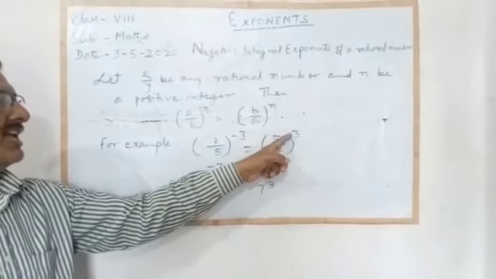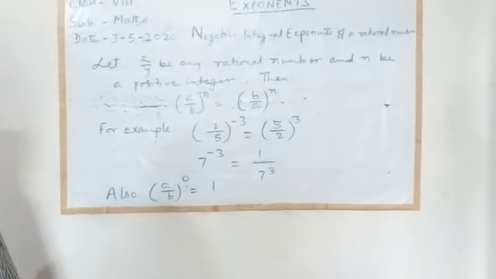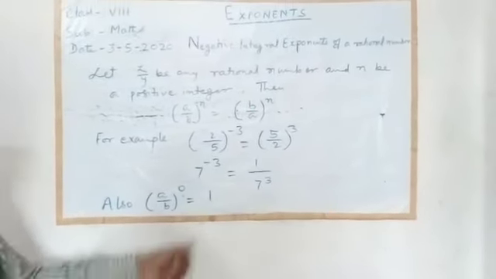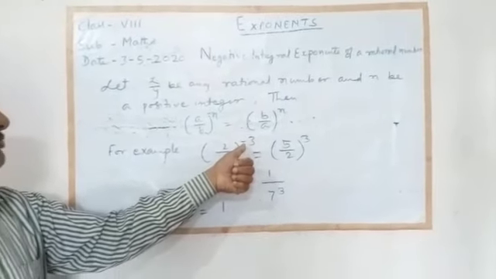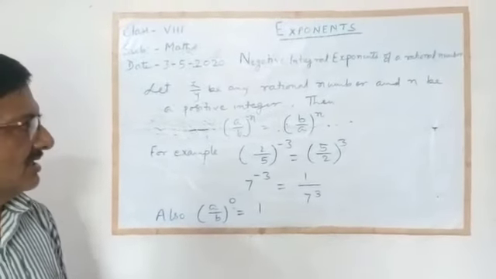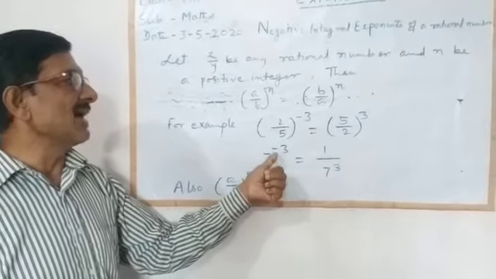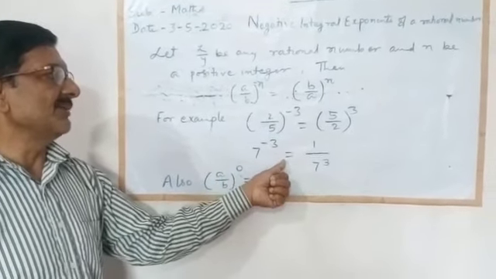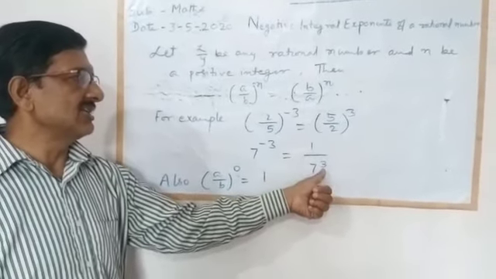The sign is removed here, so it is positive 3. So in this way we can remove the negative sign of exponents by making its reciprocal. For example, 7 to the power minus 3 will give you 1 by 7 to the power 3.